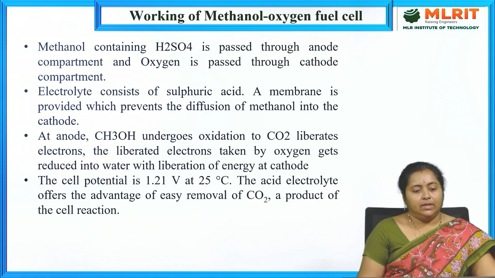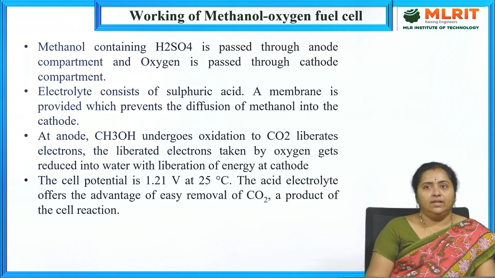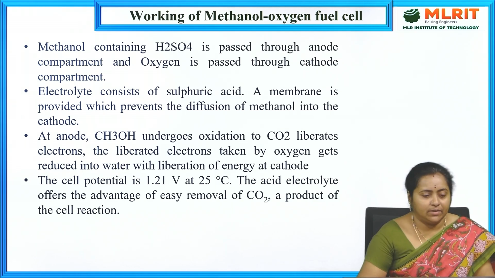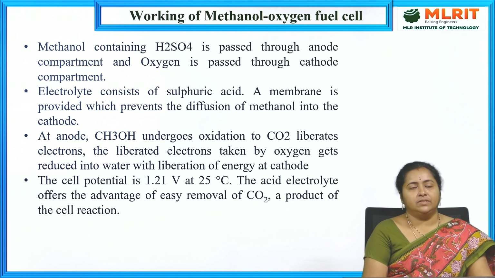Methanol with H2SO4 is passed through the anode compartment, and oxygen is allowed to pass through the cathode compartment. The electrolyte consists of sulfuric acid, and a membrane or separator is present which prevents the diffusion of methanol into the cathode. It separates both anode and cathode chambers.